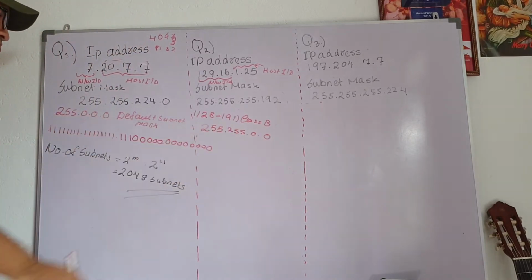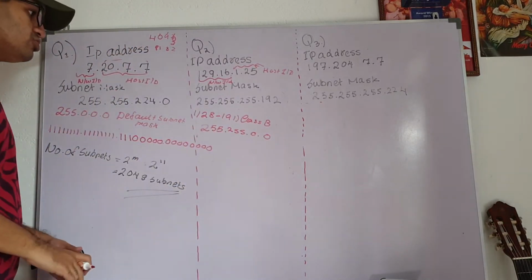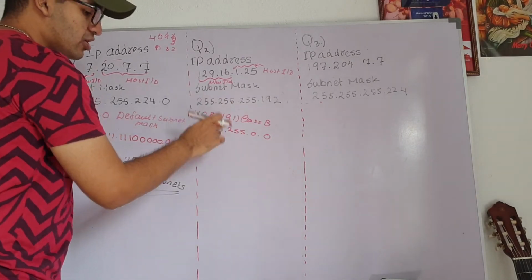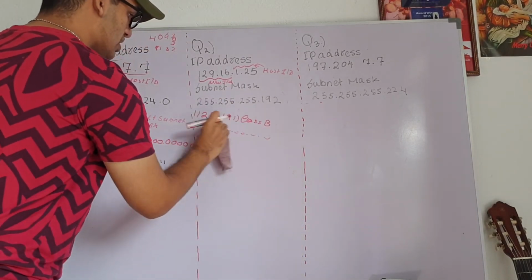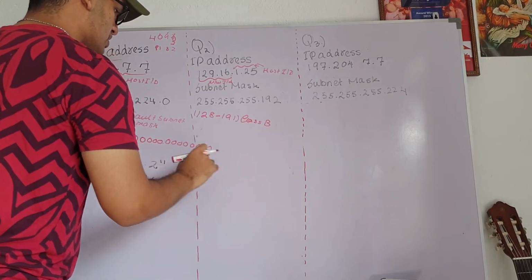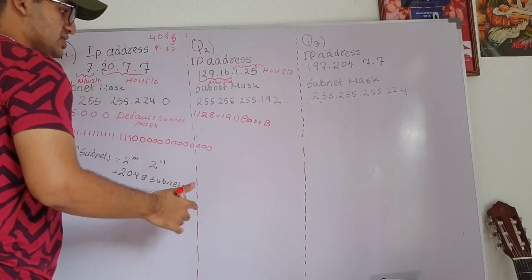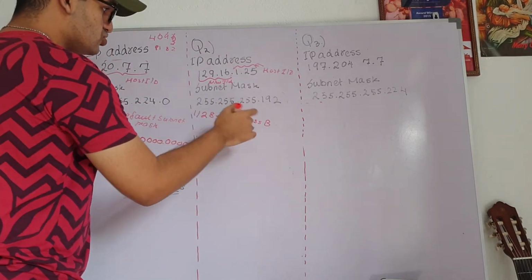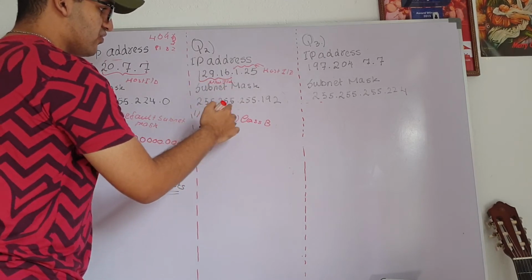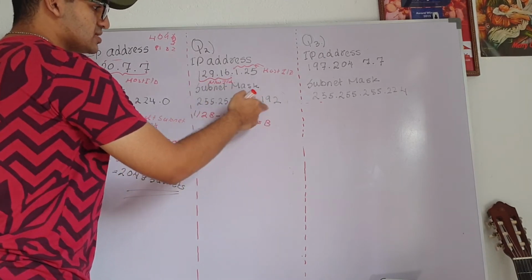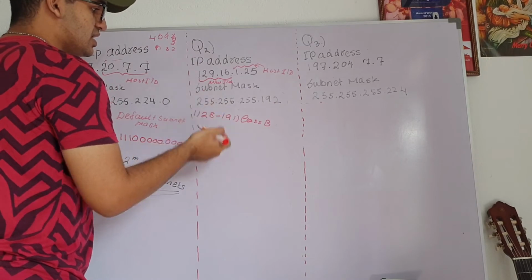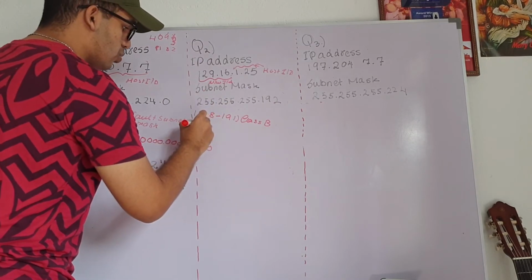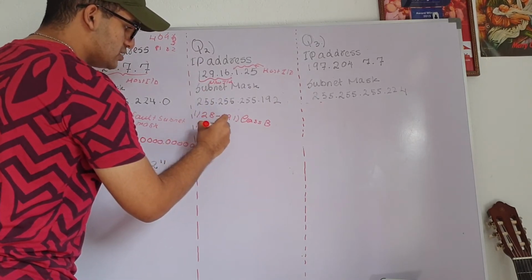So the default subnet mask is that, and now we are going to find the number of hosts and the number of subnets. So now that you know the default subnet mask, this is the host bits and this is the network bits, and let's find it. 1 1 1 1.